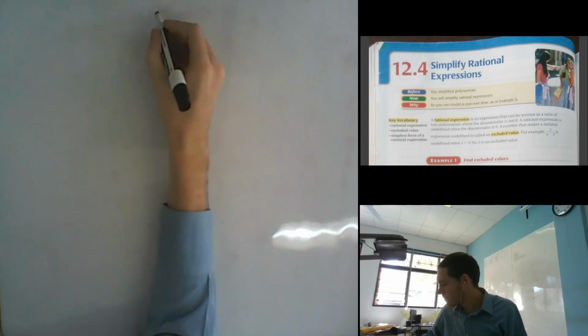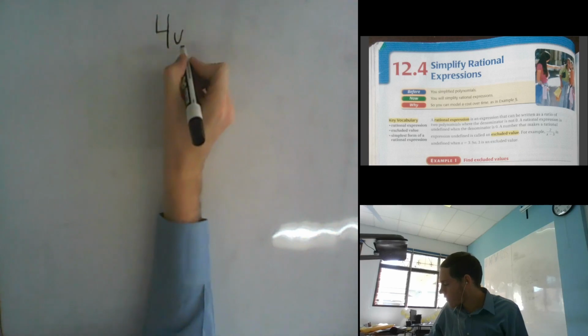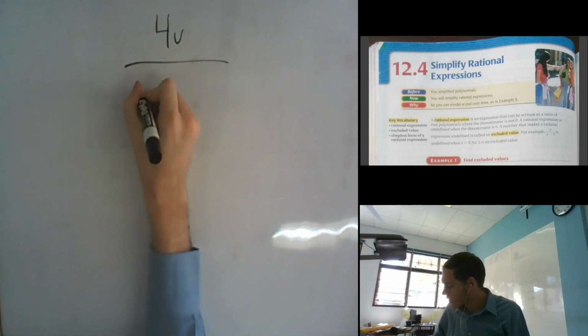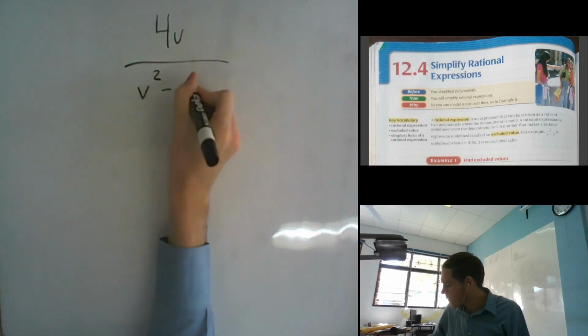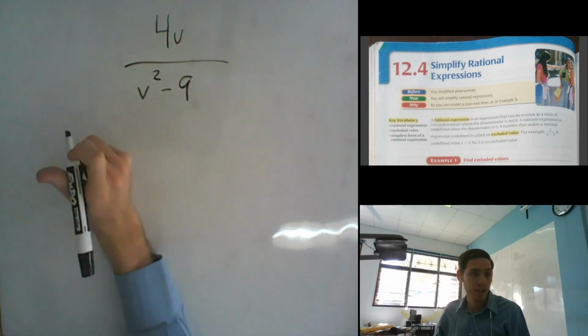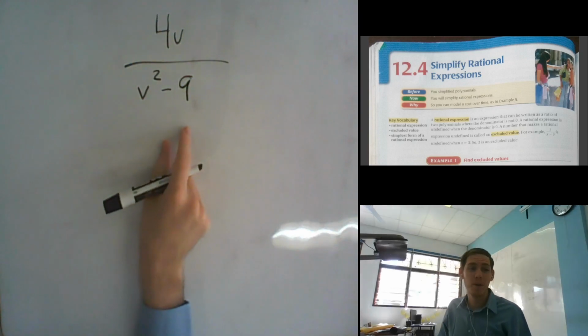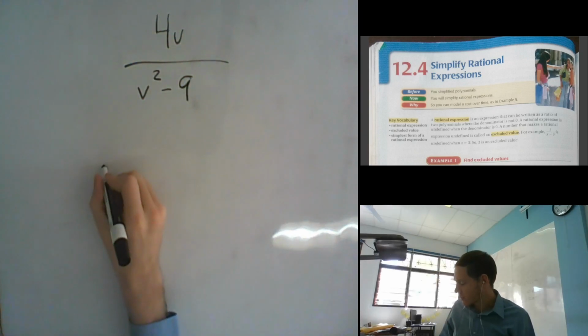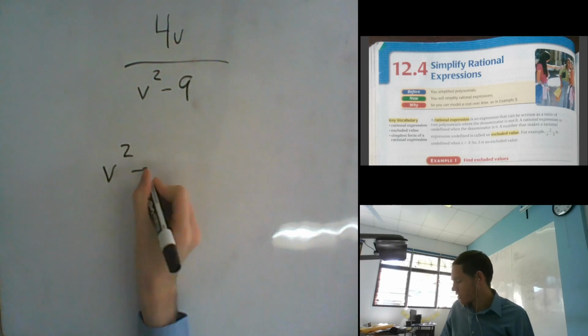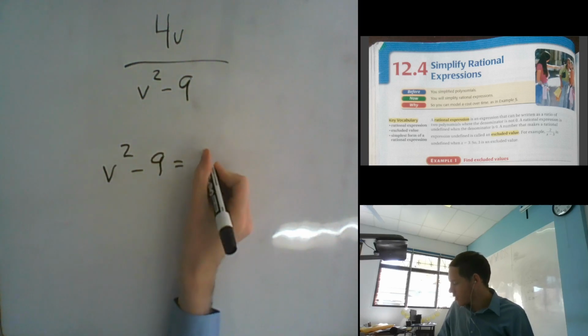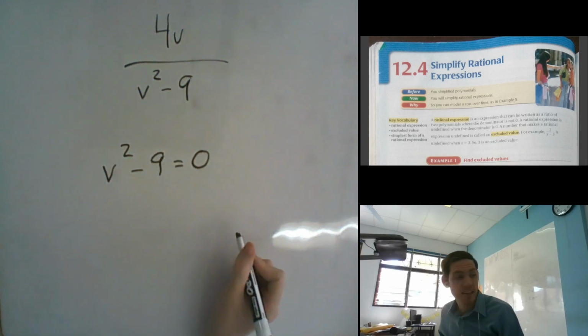We have 4v over v squared minus 9. Now, if you notice, v squared minus 9 is going to be a quadratic, not quadratic necessarily. So v squared minus 9 equals 0.